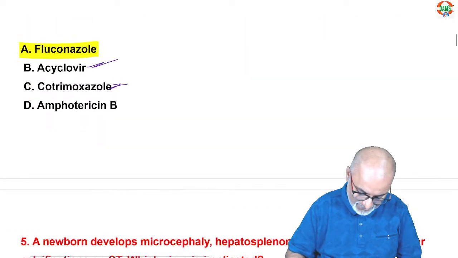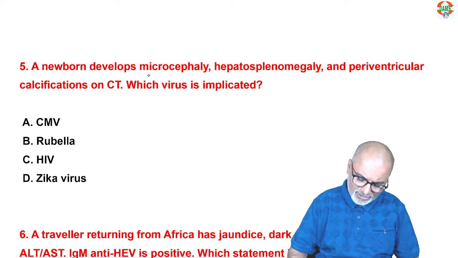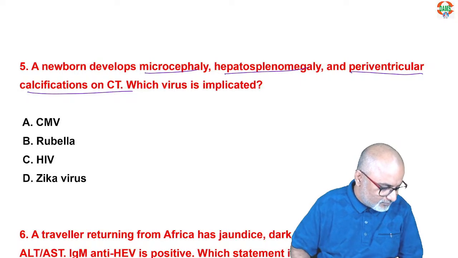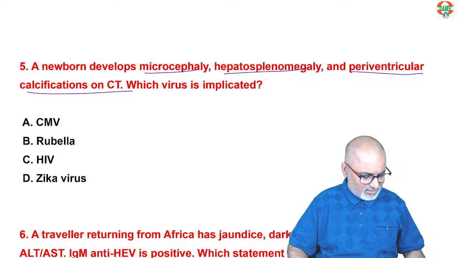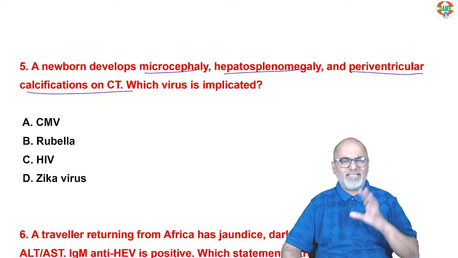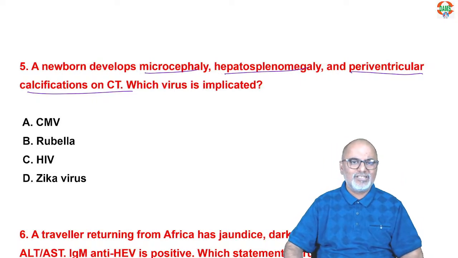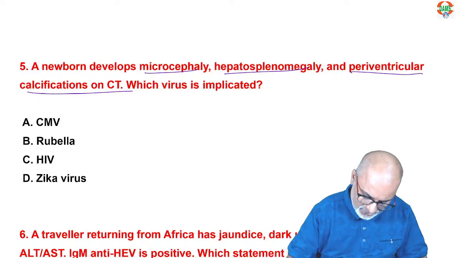Okay, right. Next is a newborn develops microcephaly, hepatosplenomegaly, periventricular calcification on CT. Which virus is implicated? Microcephaly, hepatosplenomegaly, periventricular calcification. Always remember cytomegalovirus.